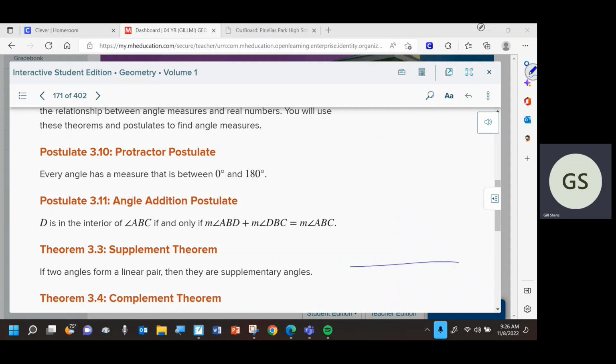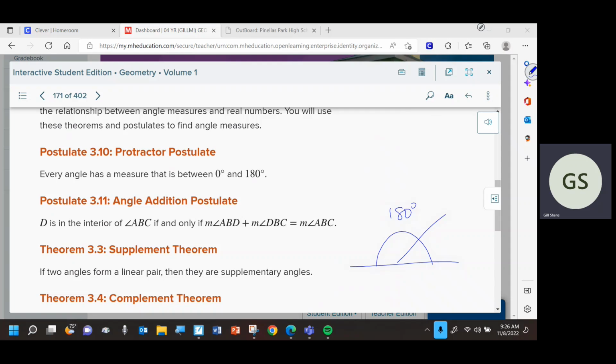If I have a line, how many degrees in that line? 180 degrees in a line, right? This is all review, so I'm just going to go through it fast. If I split that straight angle into two smaller angles, there's still 180 degrees in that straight angle.